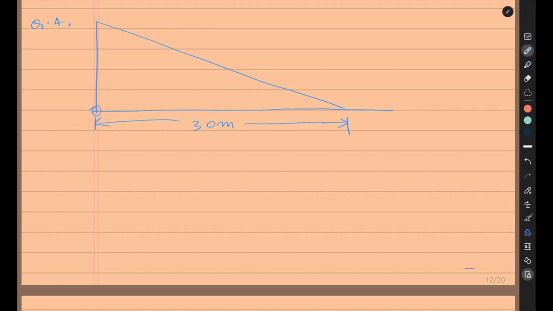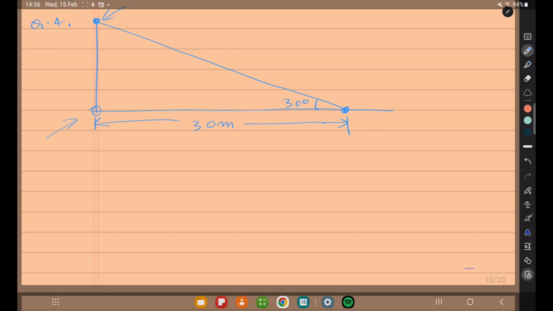Here is the foot of the tower, isn't it? So a point on the ground, this point on the ground makes 30-degree angle of elevation to the top of the tower here.